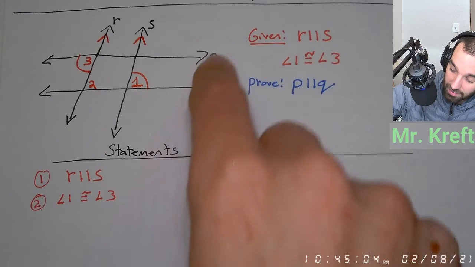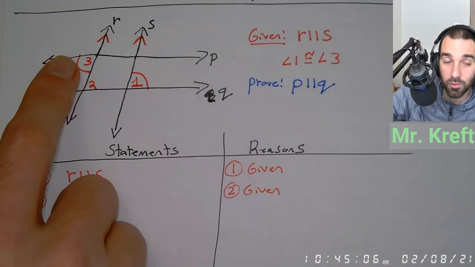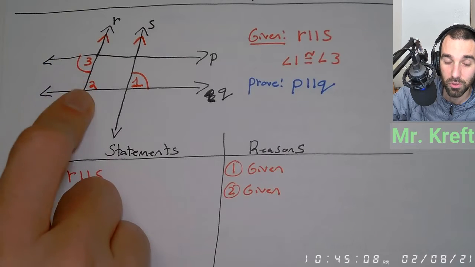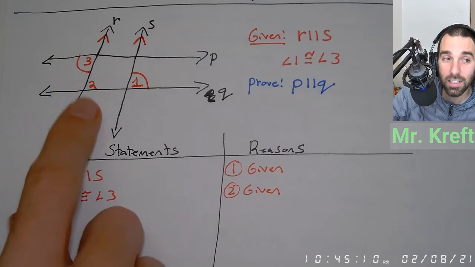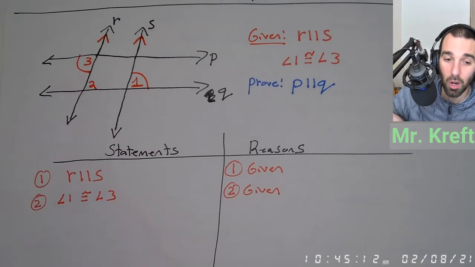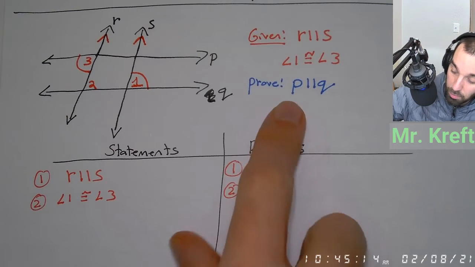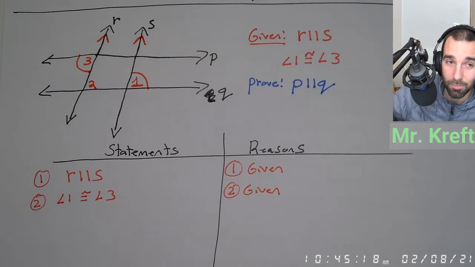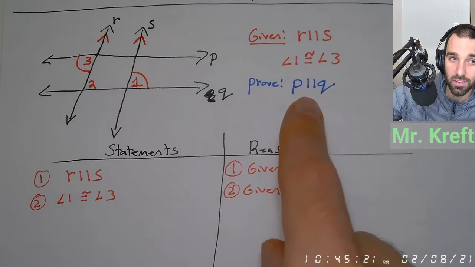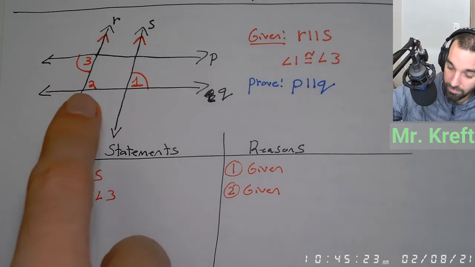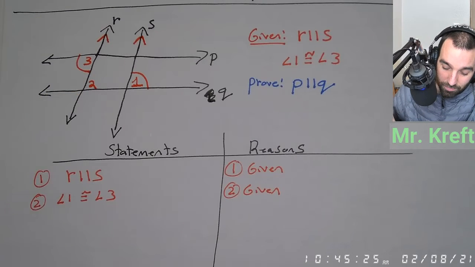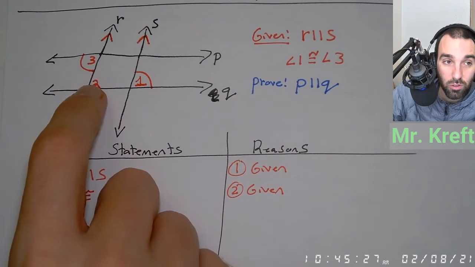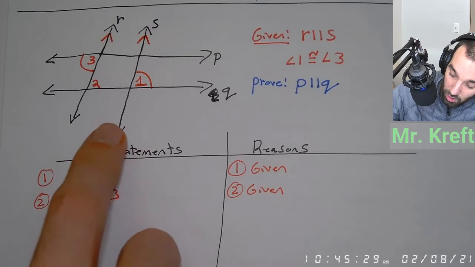So if I'm building something and these are going to be parallel, the only way I have of knowing that they're parallel is if these two angles are the same. So that's my goal. I need to show that angle 3 and angle 2 are congruent. I know it says prove this, but that's really what I'm trying to prove. It's like my side quest in a video game. I can't get to the final quest until I do my side quest.